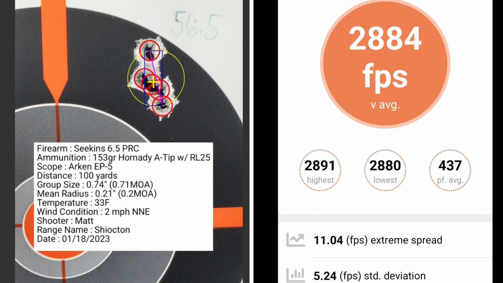The average muzzle velocity was 2884 with an extreme spread of 11 and a standard deviation of 5.2.